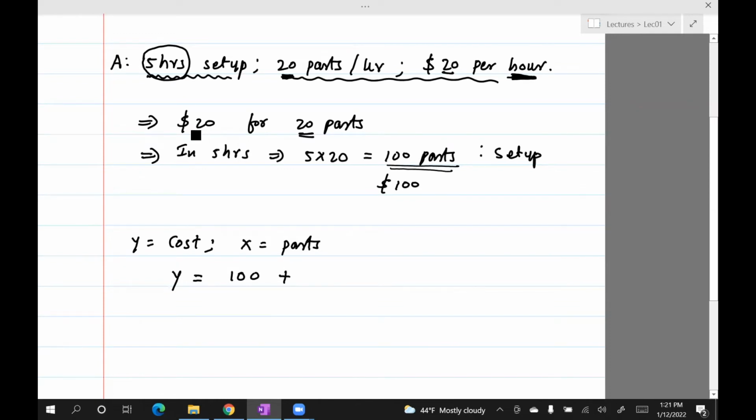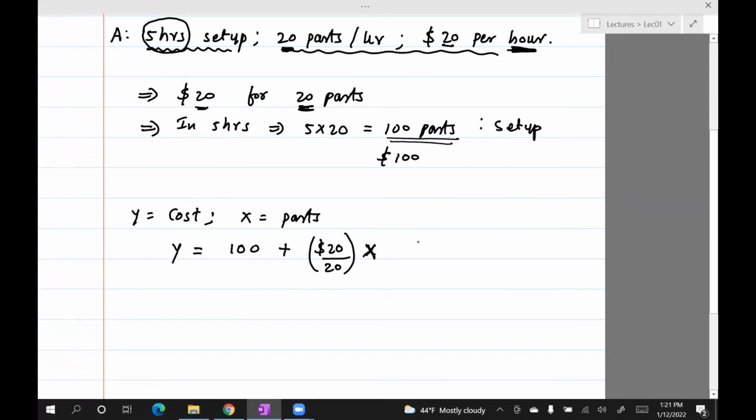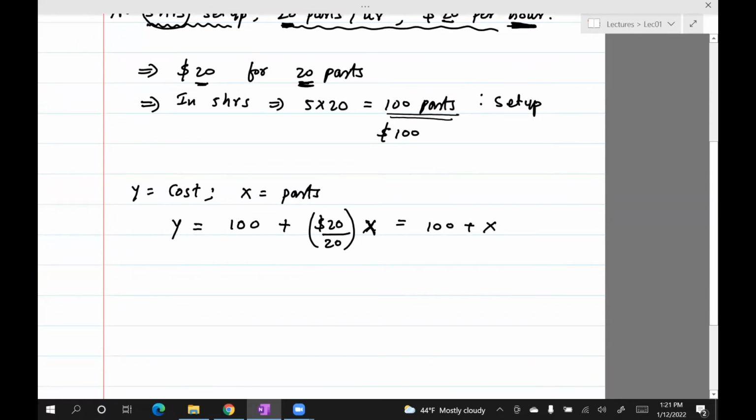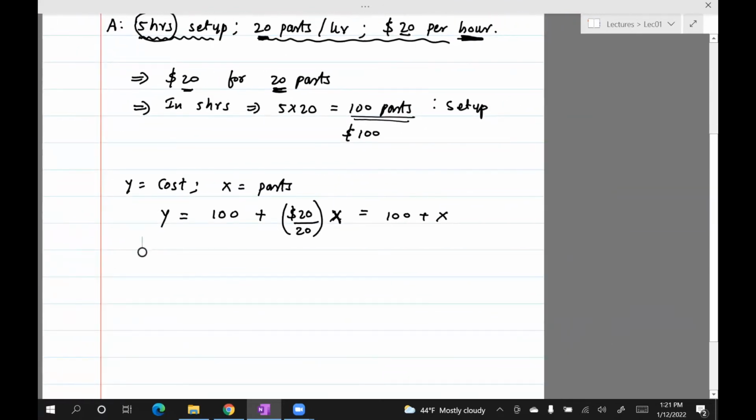So that's going to be $20 for 20 parts, and this will be multiplied with the number of parts. So if you take this quantity, which is dollars per part, and multiply by the parts, you will end up with dollars, right? And that's why I have 20 divided by 20 times X. So I can actually write this as 100 plus X. Yeah, so that's the equation for the cost of using machine A.